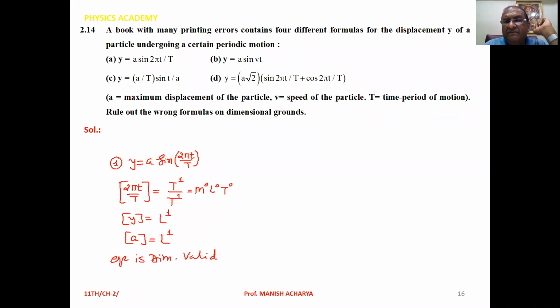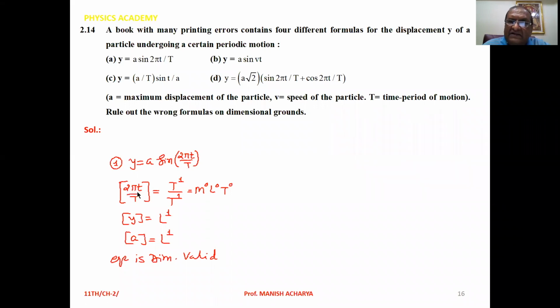It implies that whatever term is given to you with any trigonometric function, here 2πt/T, the dimensions should always be M^0 L^0 T^0. So whenever any trigonometric function appears in the equation, first check the dimensions of the term associated with that function. Here 2πt/T is given to you.